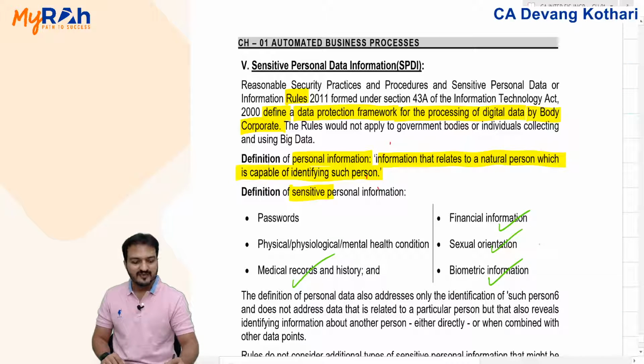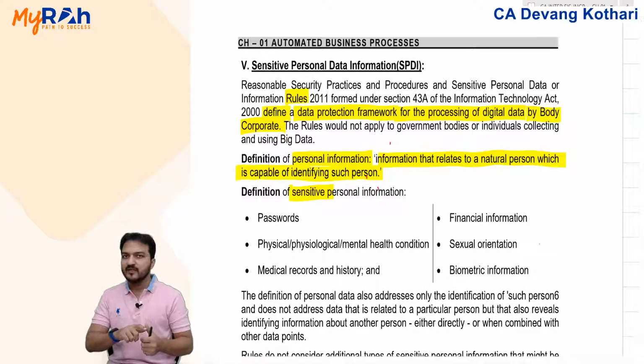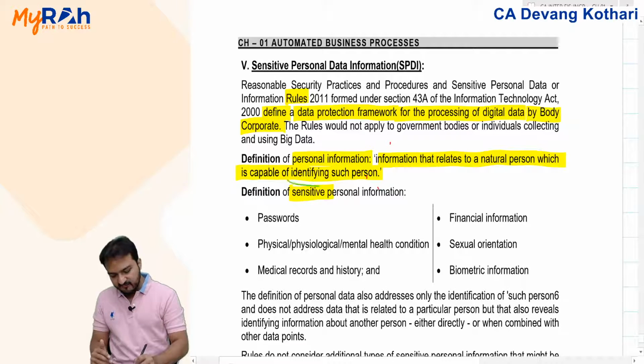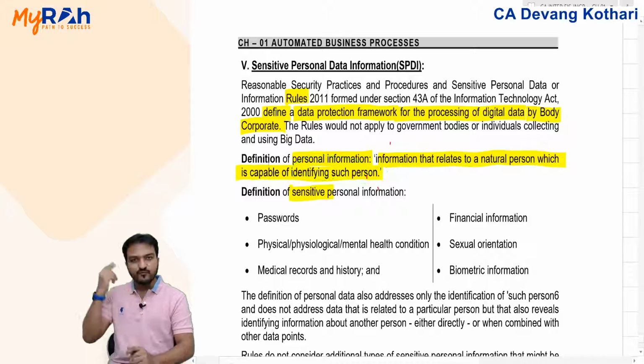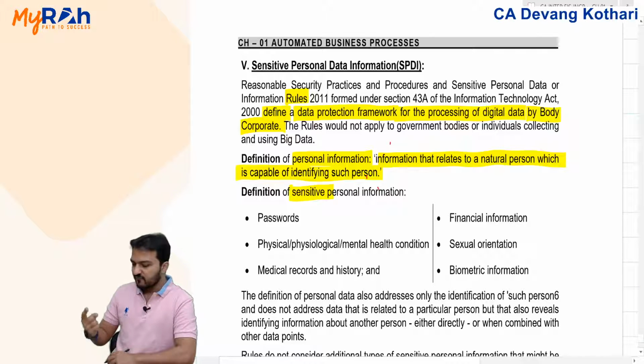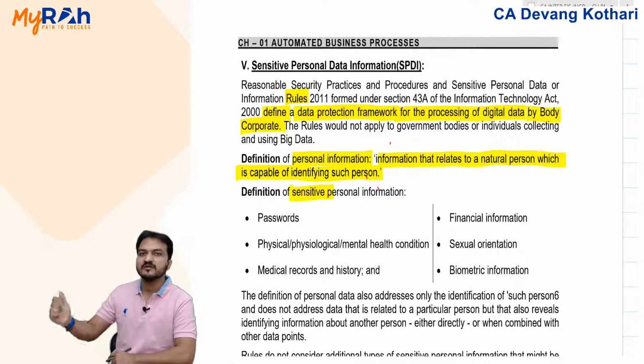Biometric information is like fingerprint scan, retina scan. If somebody can duplicate my fingerprint, it is information capable of identifying me. If Google Pay has my fingerprint information with them, then they should keep it secured as per the SPDI rules.